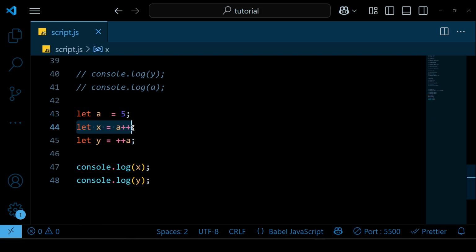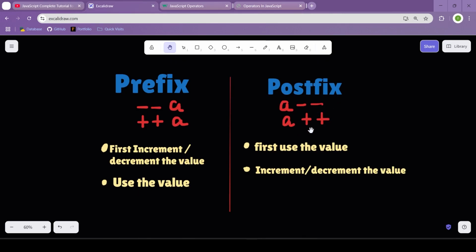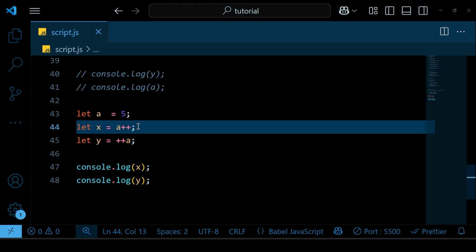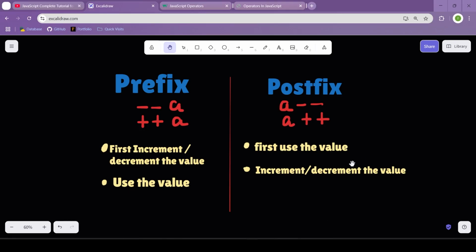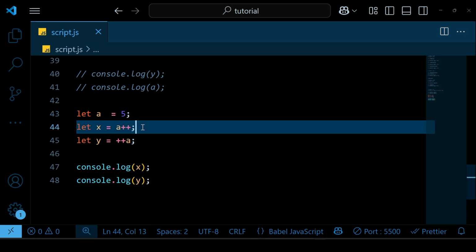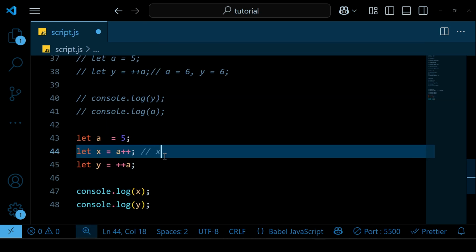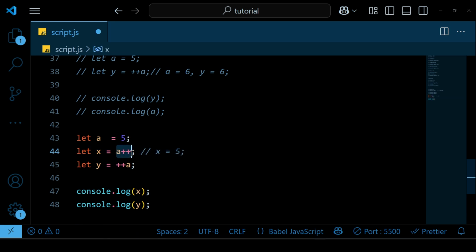Now, for x, we have a postfix, a plus plus. So it says first use the value. We have the value of a as 5. If I use the value first, that is 5, so x will be simply 5, as we have postfix and it says use the value first.